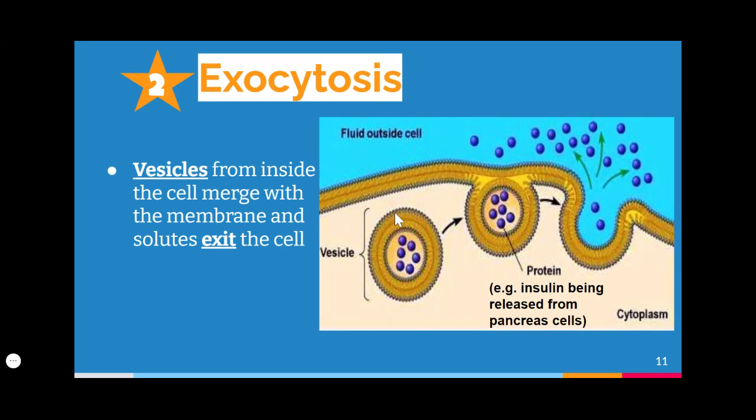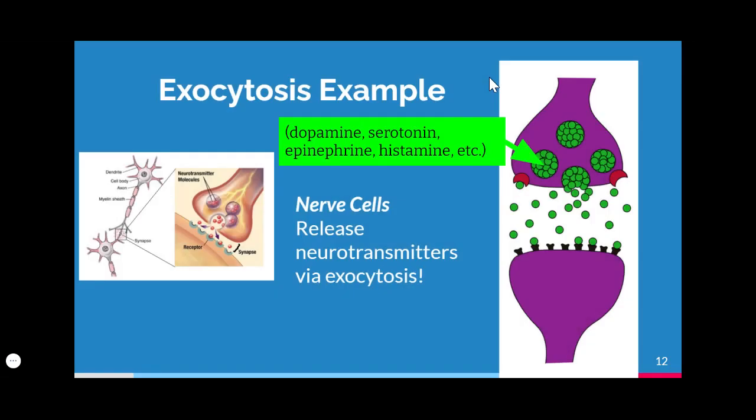Can you see here how the vesicle made up of that same cell membrane fuses with the regular cell membrane, and then it just kind of gets it out of the cell? That's what these arrows are pointing to. A real life example of that would be insulin being released from your pancreas. So that is your second type of bulk transport.